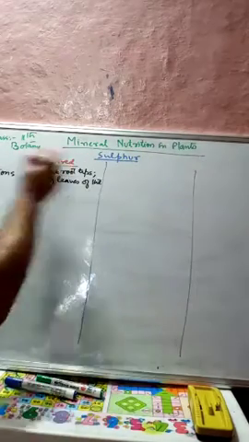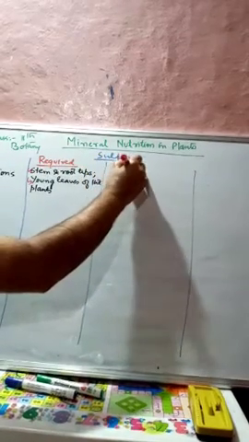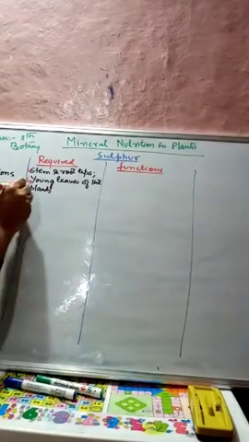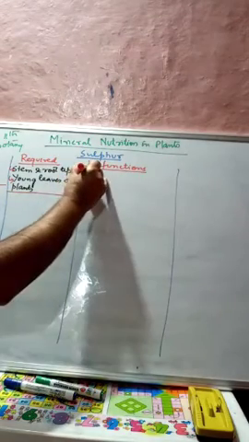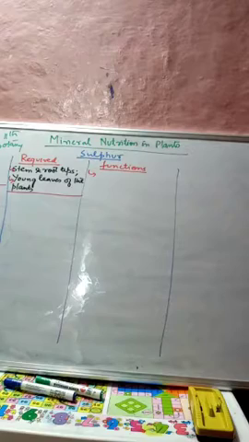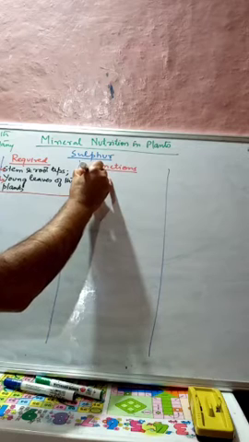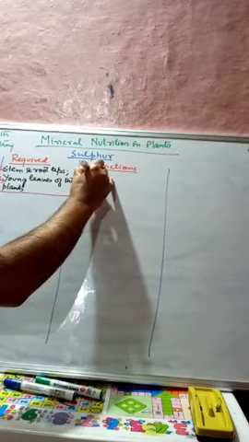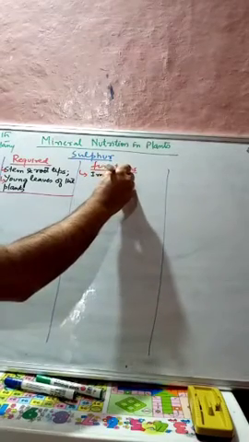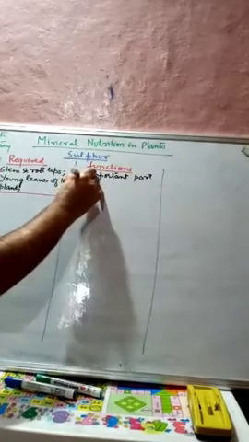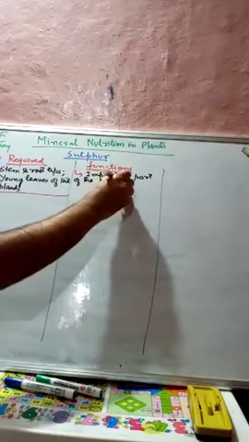Now third, functions. What are the various functions this sulfur is going to carry out? This sulfur carries out very important functions. It is an important constituent, or we can say an important part, of the amino acids.